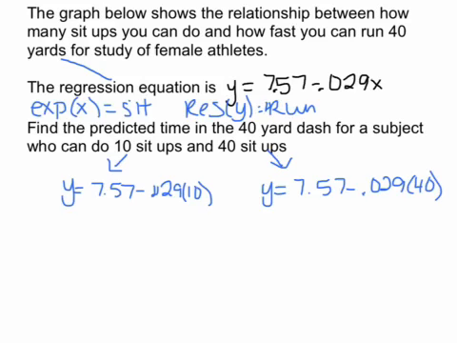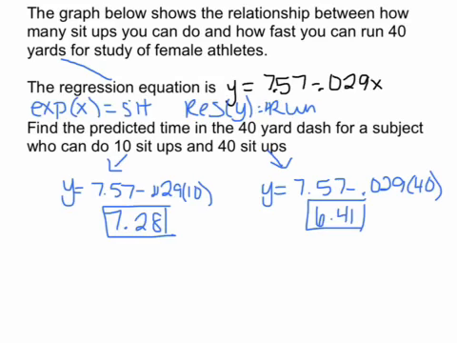I'm going to plug both of these into my calculator and find a solution for each. If I do 10 sit-ups, my 40-yard dash should be 7.28 seconds. And if I do 40 sit-ups, it should decrease to about 6.41.